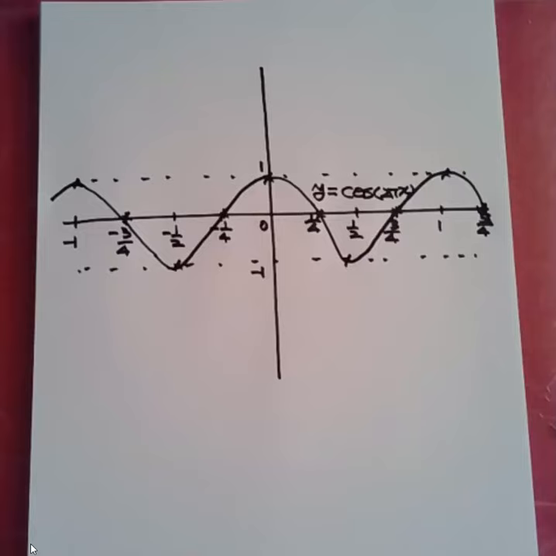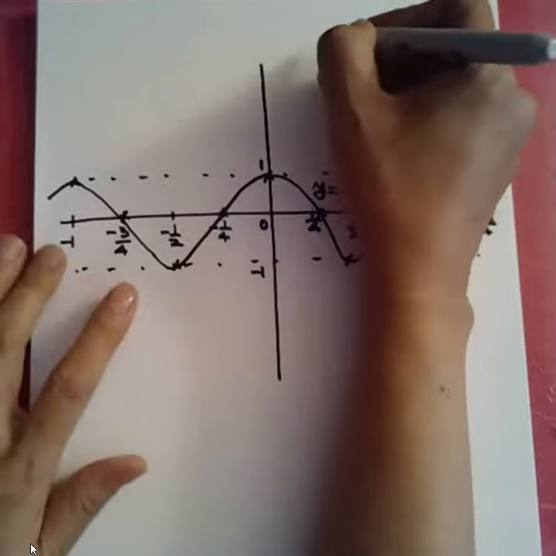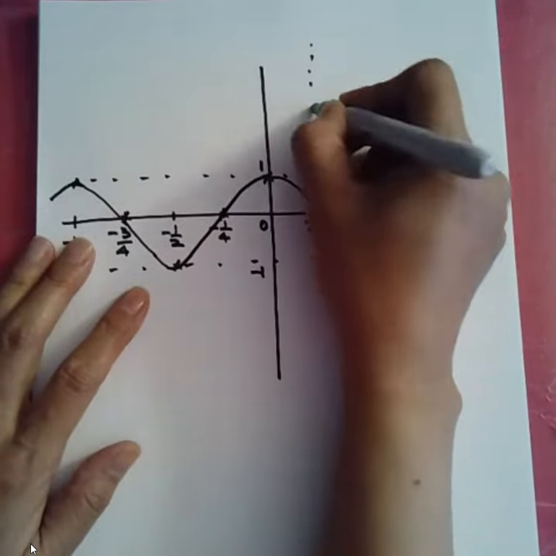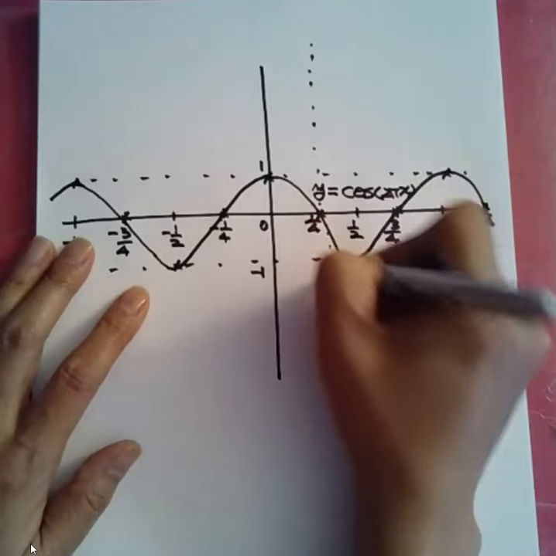After that, we will identify the vertical asymptote. Whenever that becomes 0, we will have a vertical asymptote.